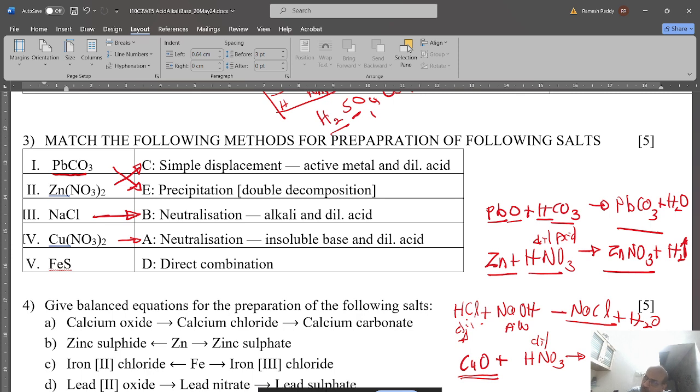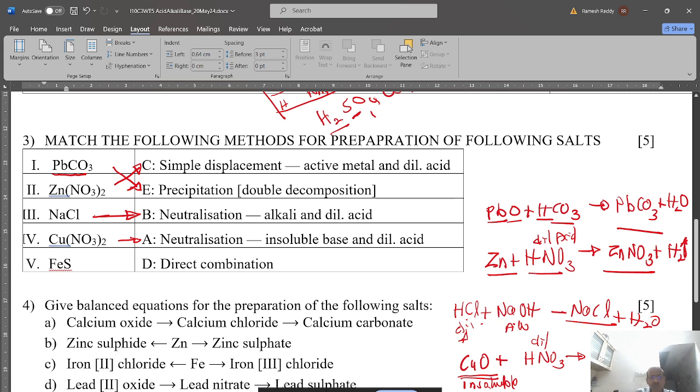When you add this powder to water, it will not dissolve. So we call it an insoluble base. This is a base, but it is an insoluble base. A soluble base is called an alkali. So this is a non-alkali base. This is how it is. So if your book says something different, then that must be wrong.